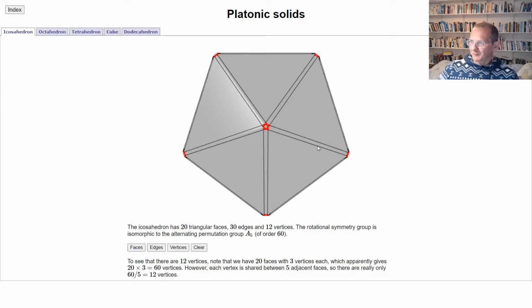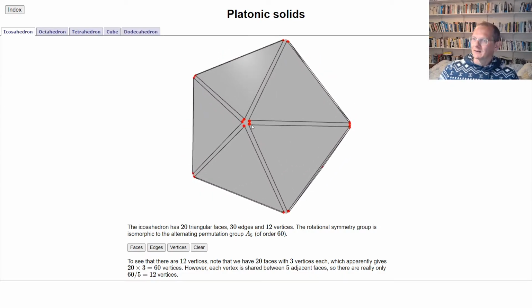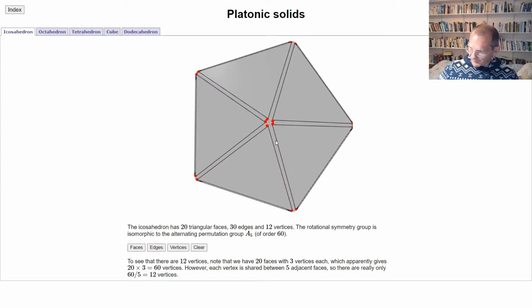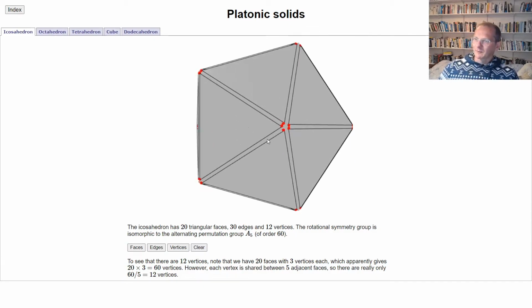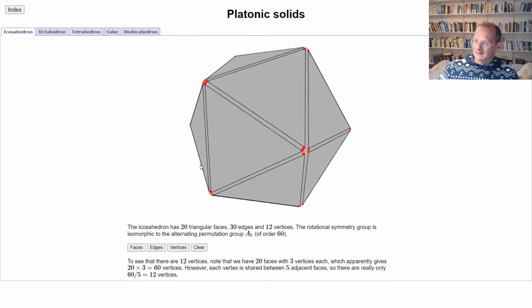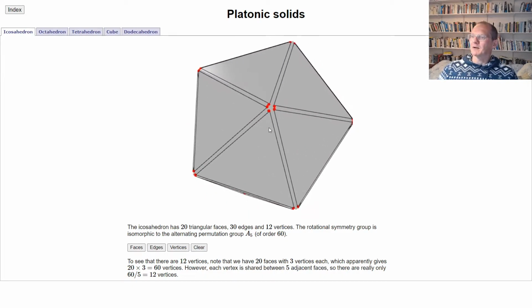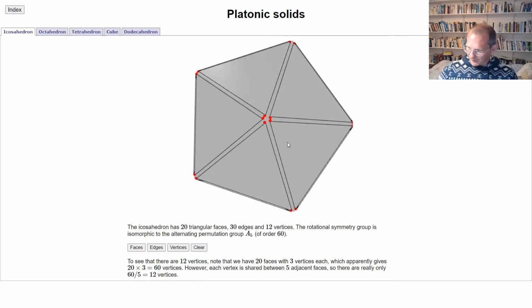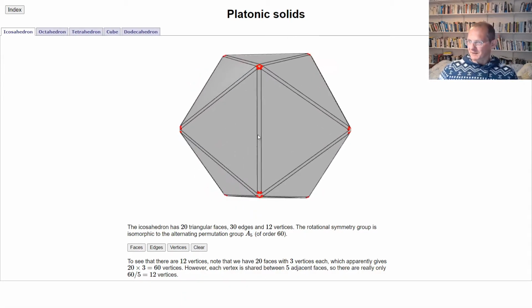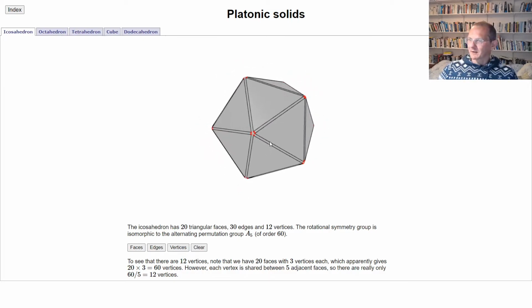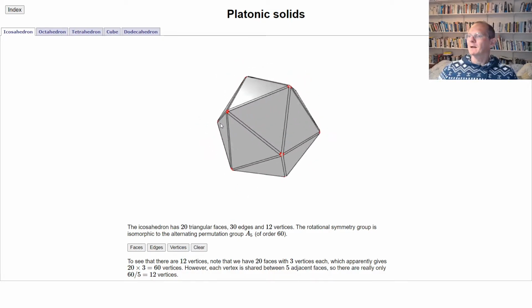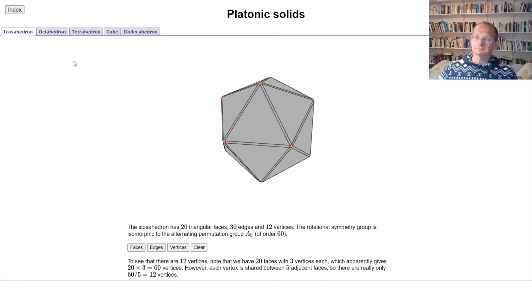So we're counting that 5 times. Similarly, this one here gets counted 5 times, once for each of the 5 triangles that meet at that vertex. So we take the 60 vertices that we counted the first time, but then we have to divide by 5, because they're in groups of 5 like this. So 60 over 5 is 12. There's really only 12 vertices here. Okay, so that's our icosahedron.